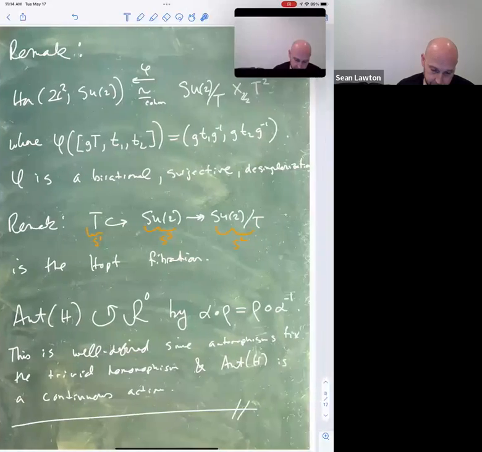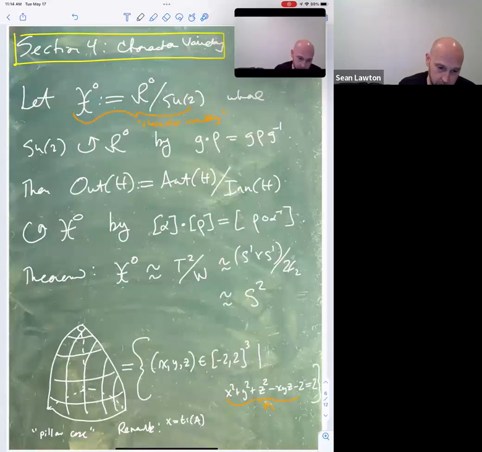And you should think of y as the trace of B and z as the trace of AB. And kappa is the trace of the commutator. That's how you should think of it. So that's the character variety.